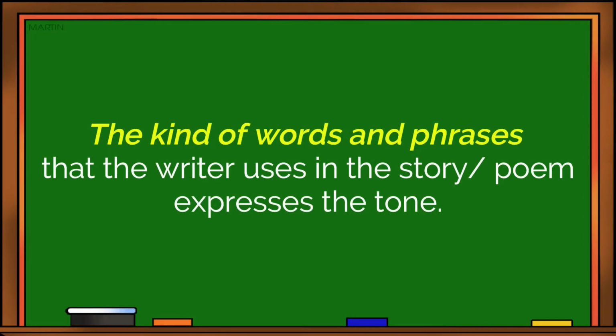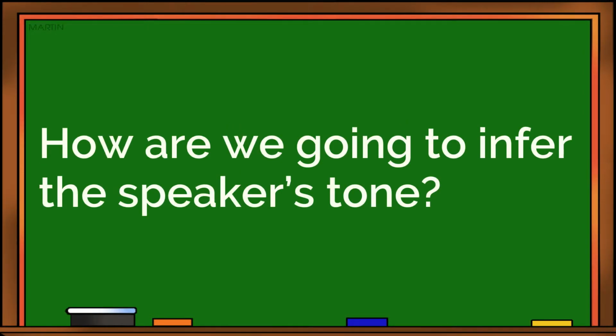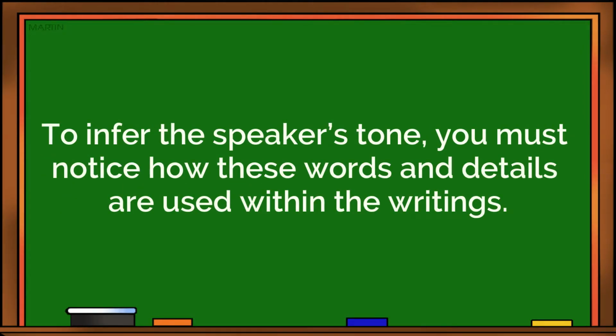The kind of words and phrases that the writer uses in the story or poem expresses the tone. How are we going to infer the speaker's tone? To infer the speaker's tone, you must notice how these words and details are used within the writings.